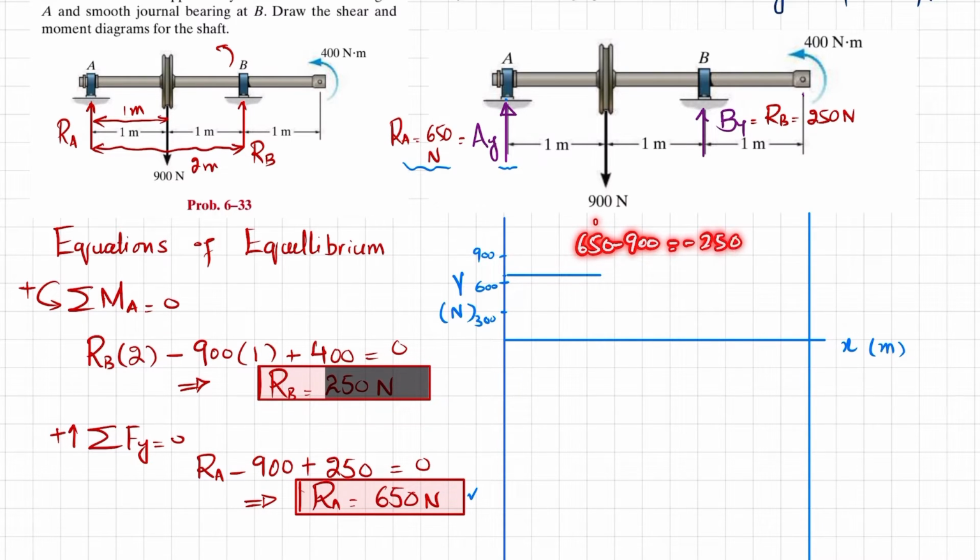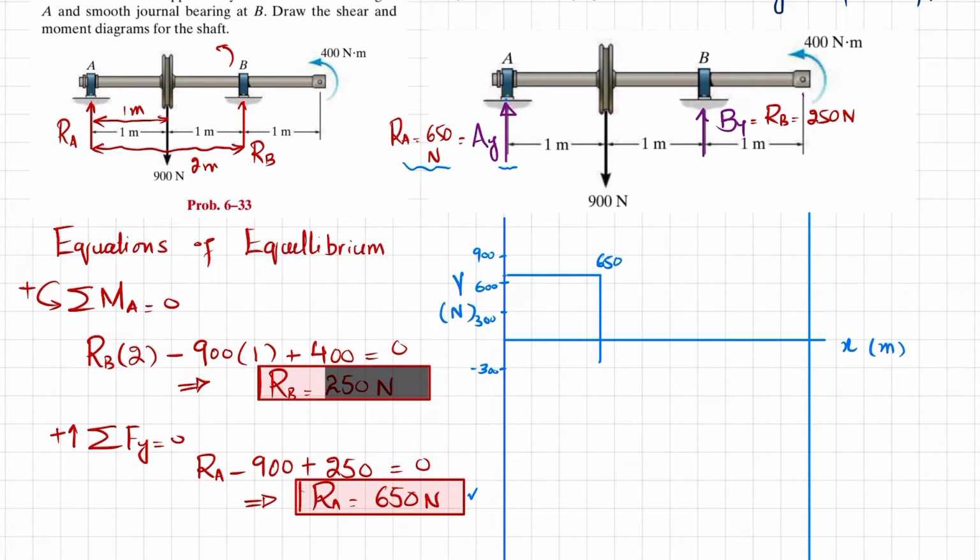So the shear force will change from 650 down to minus 250. Clear? So we will draw it. This point was minus 300, so minus 250 will be somewhere here.